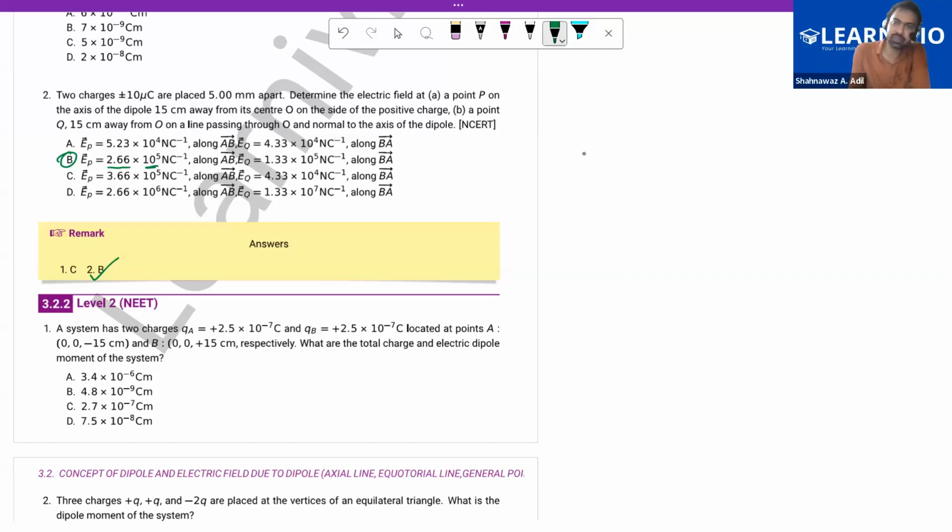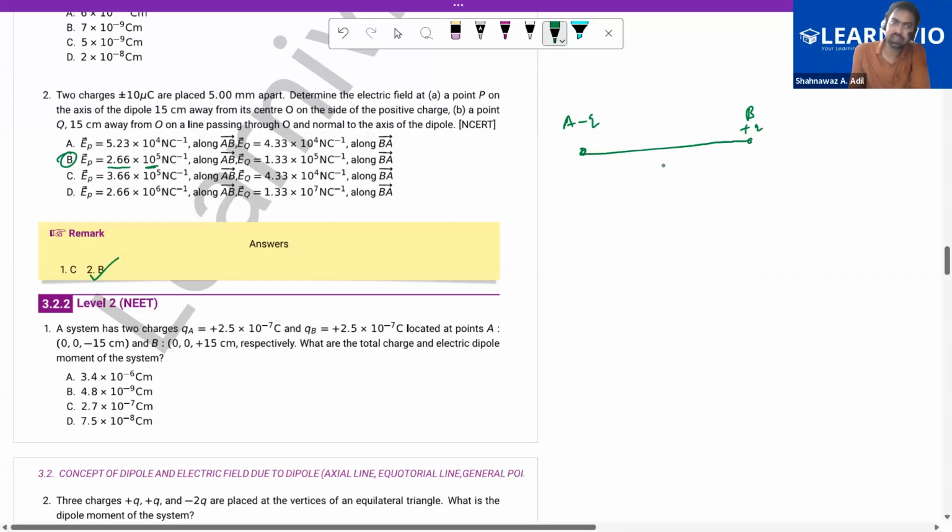And AB, which means if this is A, this is B, this should be minus and this should be plus. The separation is 5 millimeter, and we are calculating from a distance of 15 centimeters. Why can we apply the formula?